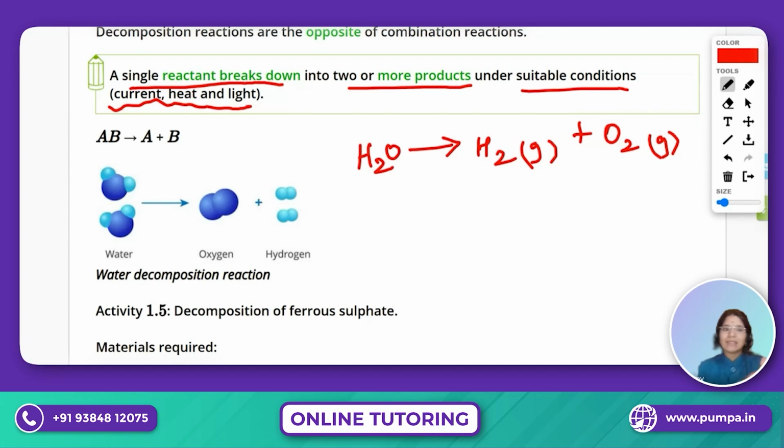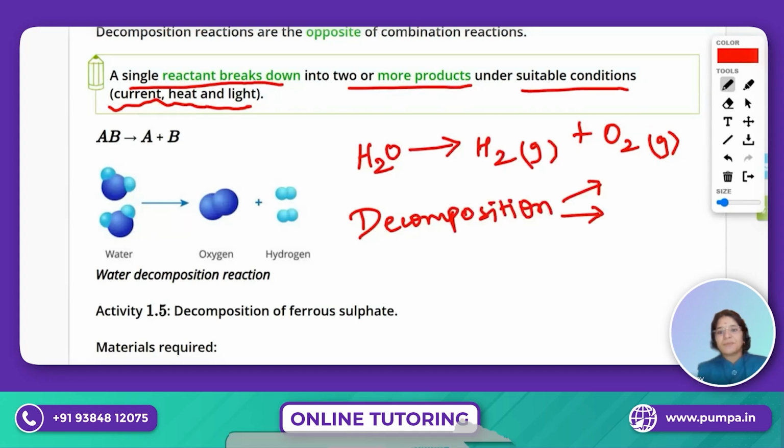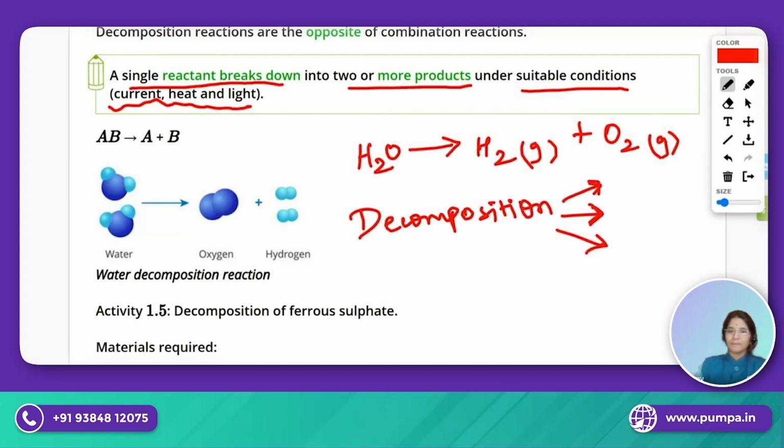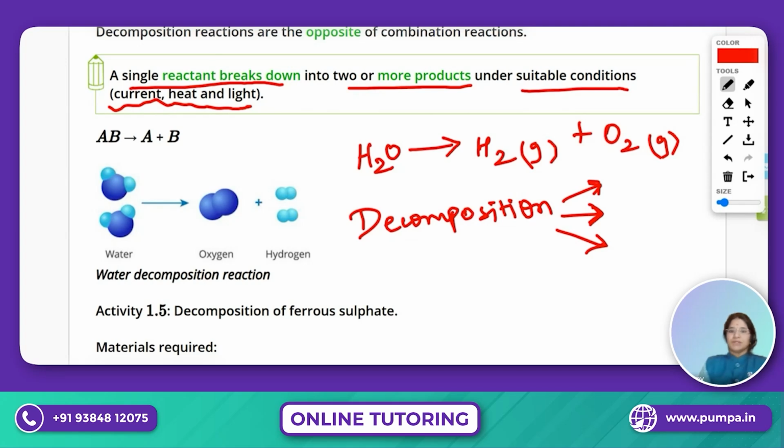Okay, so based on this, we divide decomposition reactions into three types. Based upon the suitable conditions, you are dividing it into three different types: current, heat and light.